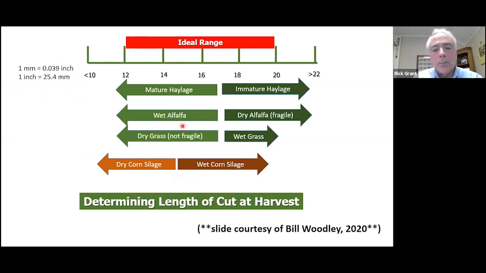But if I focus on the brown arrows, silage for today, what Bill is saying, and I think it makes sense, when you have drier corn silage, chop finer. As it gets wetter, chop coarser, you want to juice up for one thing. And this is driven by the cow's needs, but also, frankly, maybe even more so, by getting it to pack well in the silo.